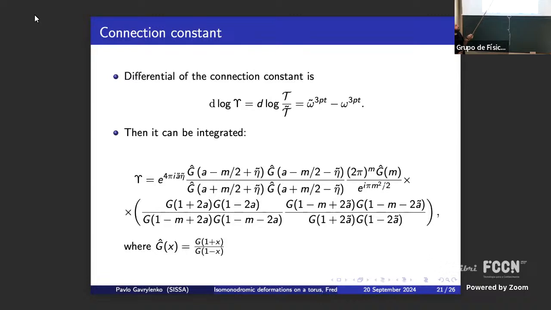In the m equals 0 case, it is just the Fourier transform.